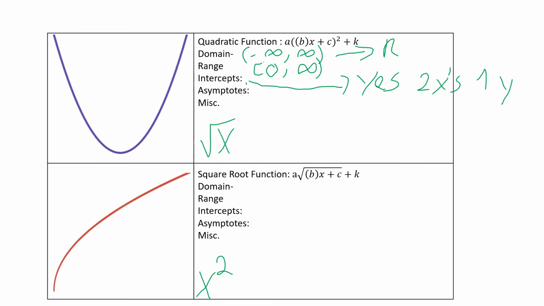With this graph, it makes a continuous move from the domain, but the range starts off at a point. So you have no asymptotes, because an asymptote is like a line that never touches. The miscellaneous: well, you have a minimum around the origin.